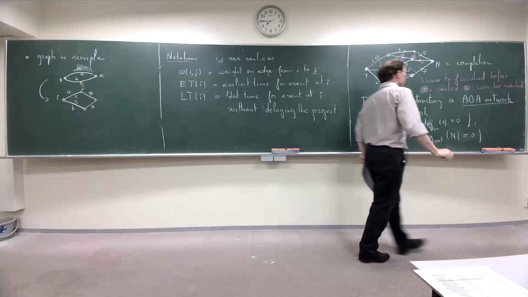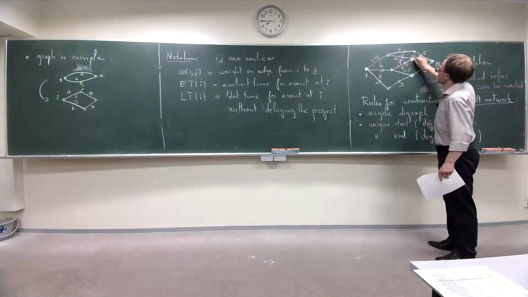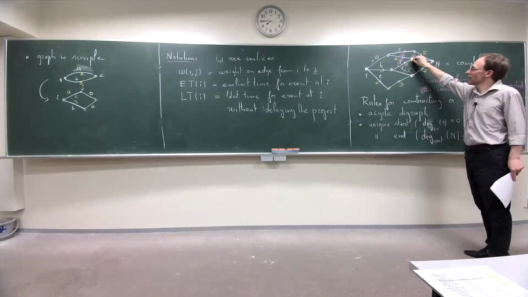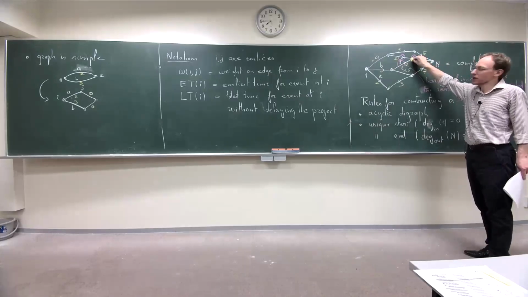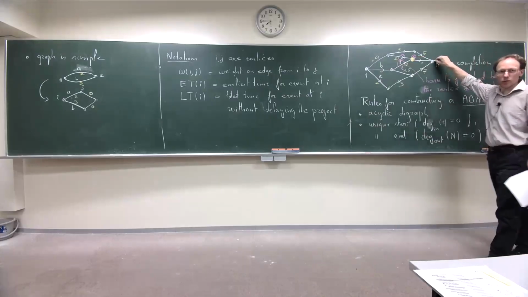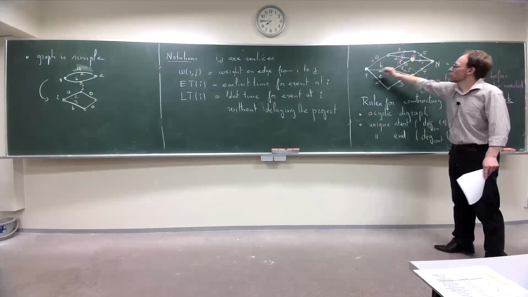It's slightly more complicated because I'm considering this vertex I. I want to know the latest time to arrive here such that I do not delay the full project, which means this latest time is related to this point because, you know, we have other jobs to do.